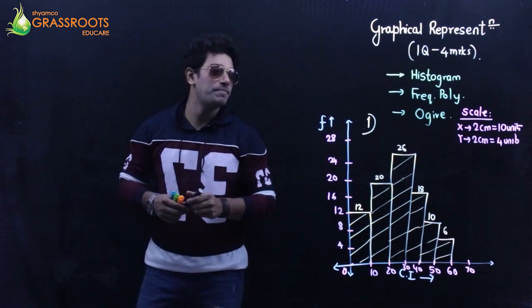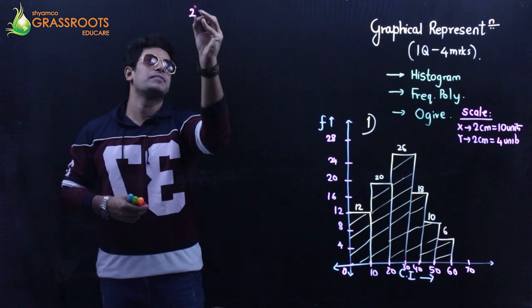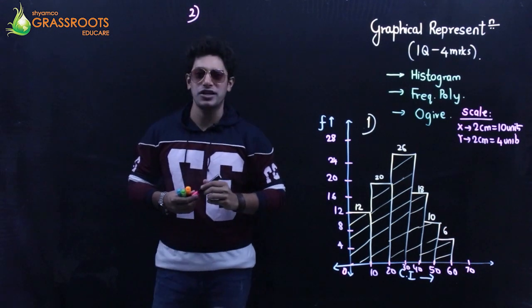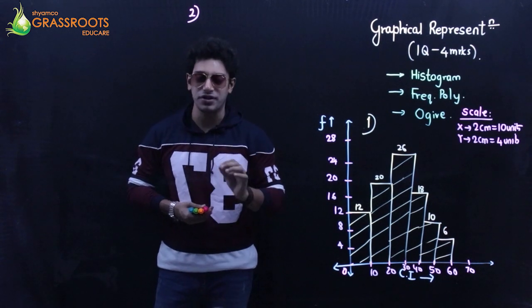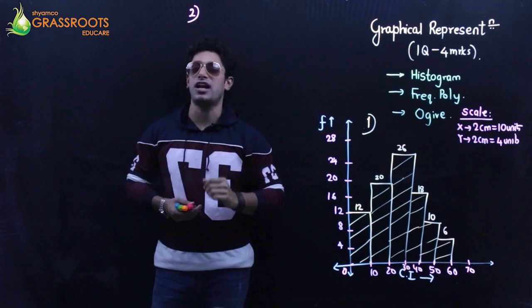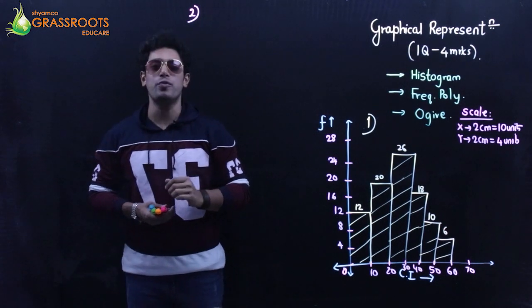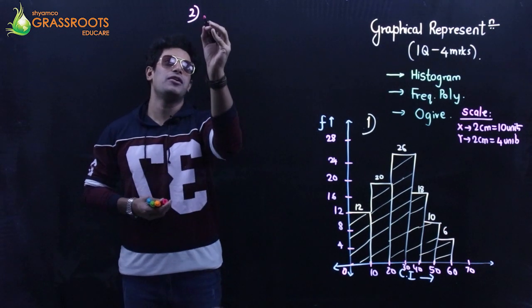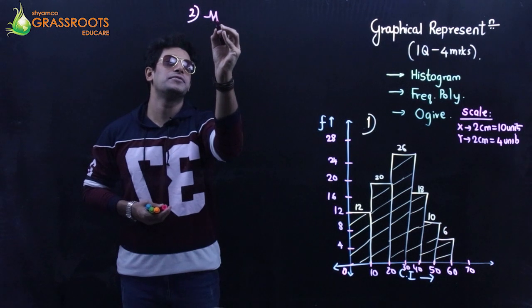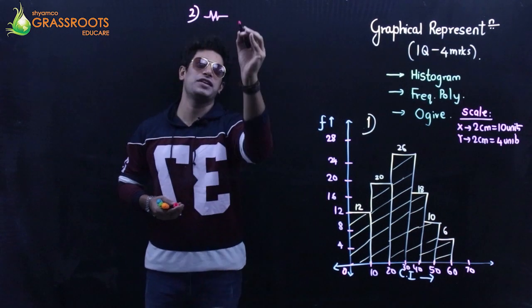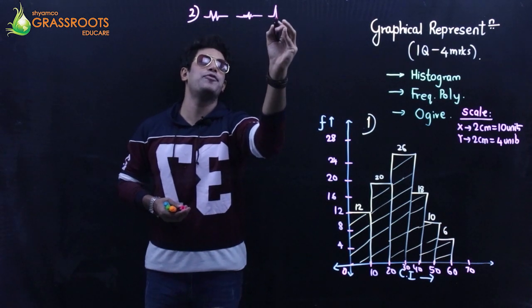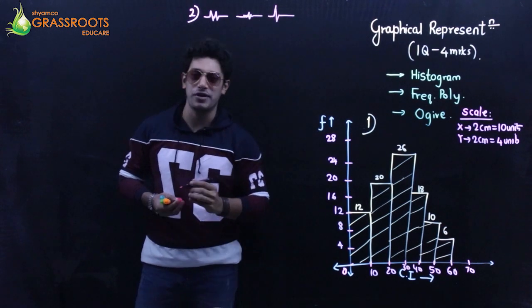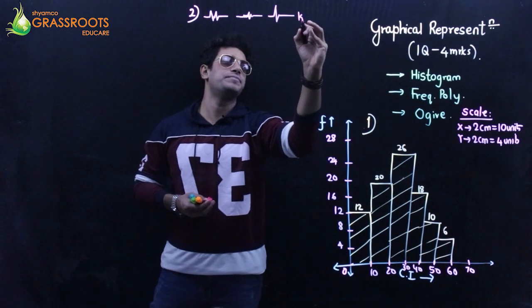Second question. Again draw the histogram, but this time the histogram is not starting from the origin. So we make a concept called a kink. Many books have given it in different ways, but I always prefer this way, the third one. This is called a kink.